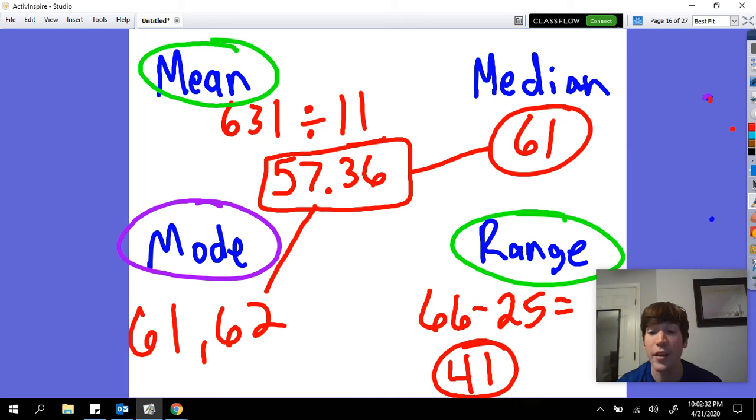So we really want to think about how the outliers are changing our data. Remember, when the range goes up, that means our data is more spread apart. It's a little more inconsistent. Because of that, sometimes when we have outliers, we either A, say that's not a very good data point, that was something that wasn't normal, and we throw it out, or B, we keep it in our data.